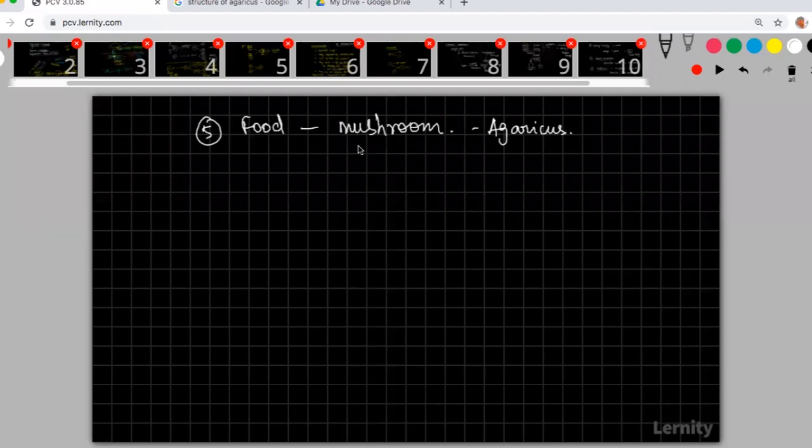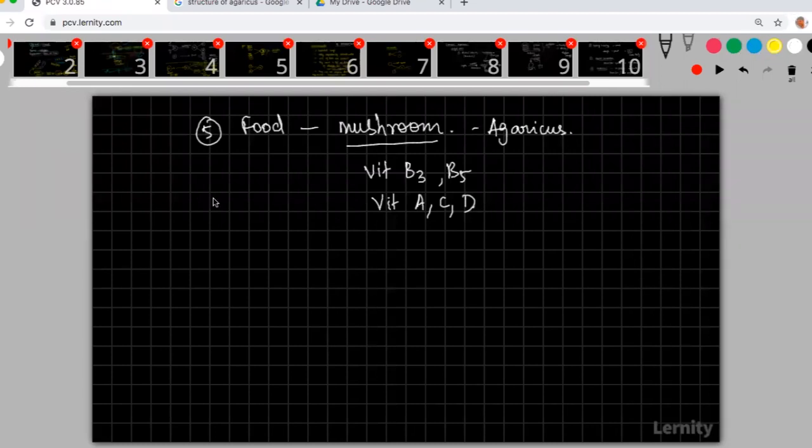Okay, so mushrooms are said to be good in vitamin B3 and vitamin B5. Similarly, you also see vitamins A, C, and D as well. So these are all uses of fungi.